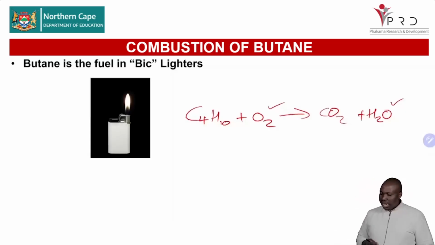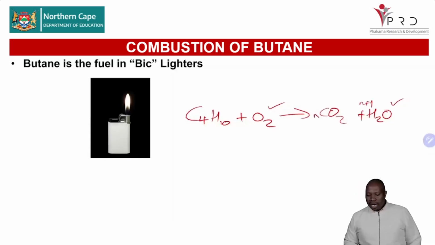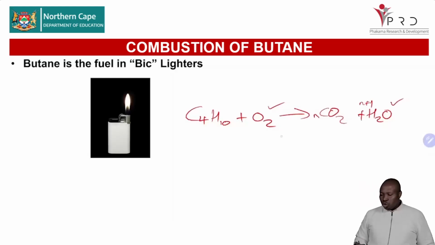And we are simply saying that if you come here and say this is n plus 1, at least you are going somewhere, and you can put before the O2 there, 3n plus 1 over 2. And then you are able to balance the whole reaction.